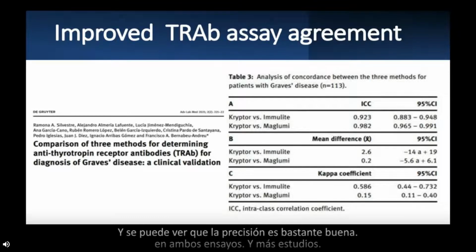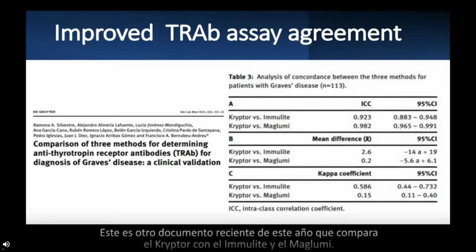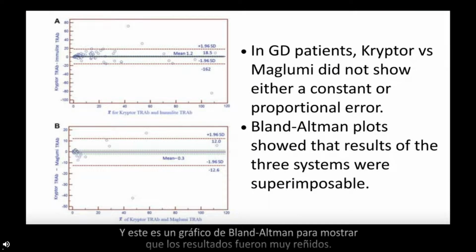And more studies. This is another recent paper this year comparing the Crypto with the Immulite and the Maglumi. And these are Bland-Altman plots to show that the results were very close.